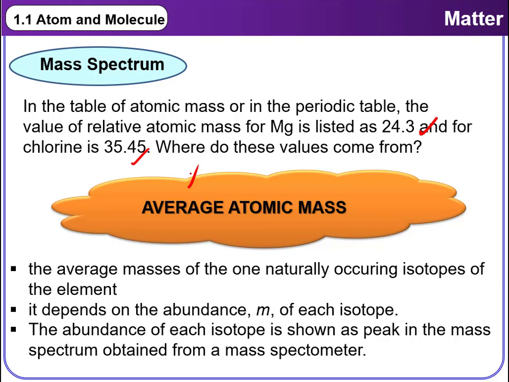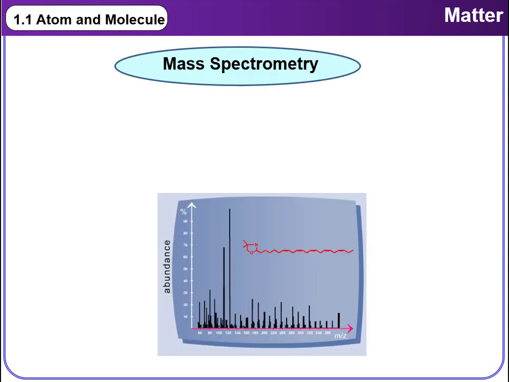We have done relative atomic mass, relative molecular mass, and now is the average atomic mass, which depends on the abundance, kelimpahan, of each isotope. The abundance of each isotope is shown as a peak in the mass spectrum, which is obtained from a mass spectrometer.